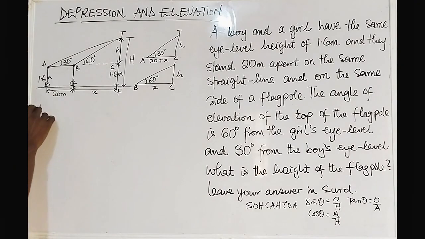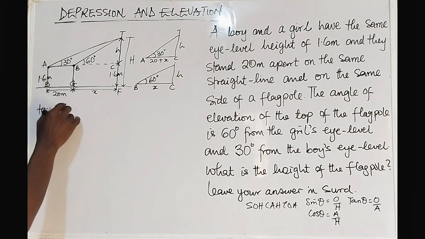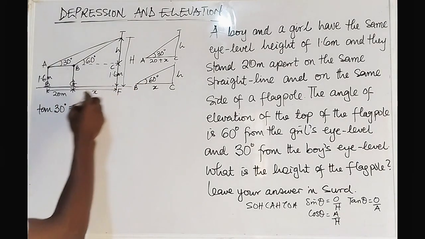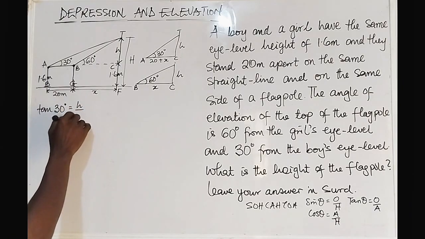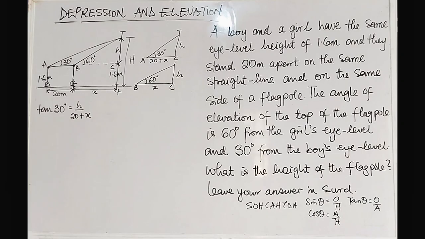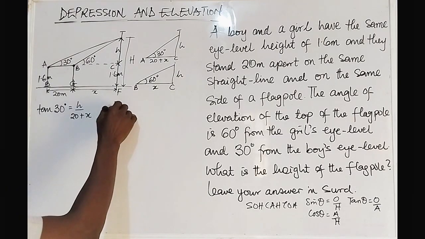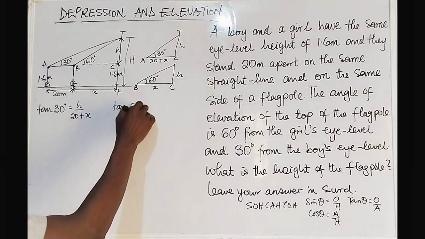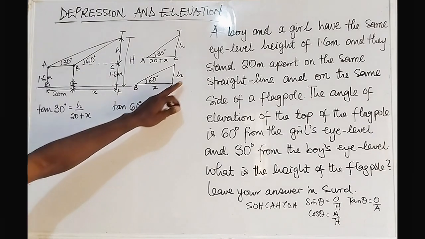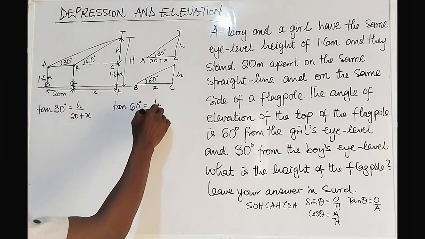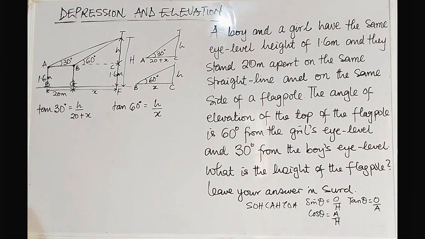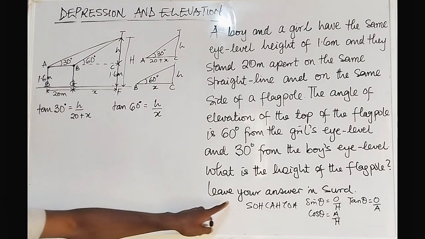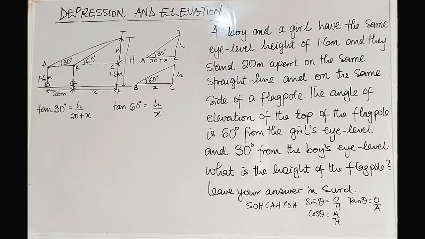So we can see here that tan 30 now equals opposite, which is our H, all over 20 plus X. And the second one here, we have tan 60 degrees equals the same thing, opposite, then all over X.